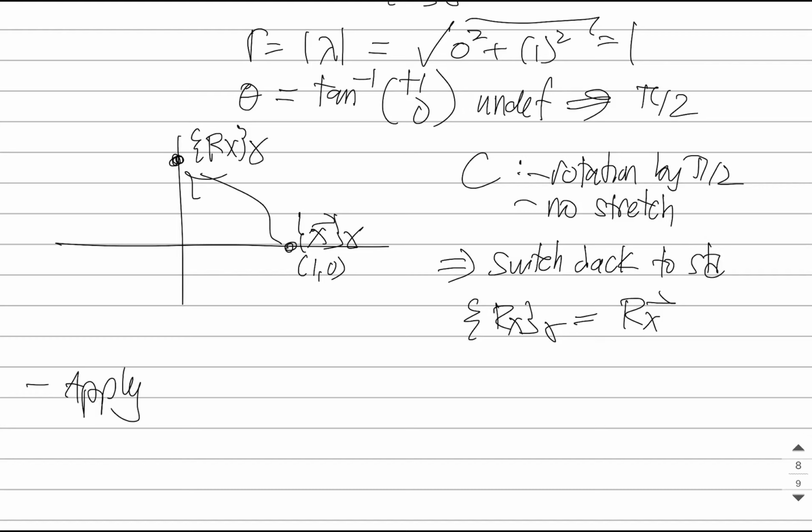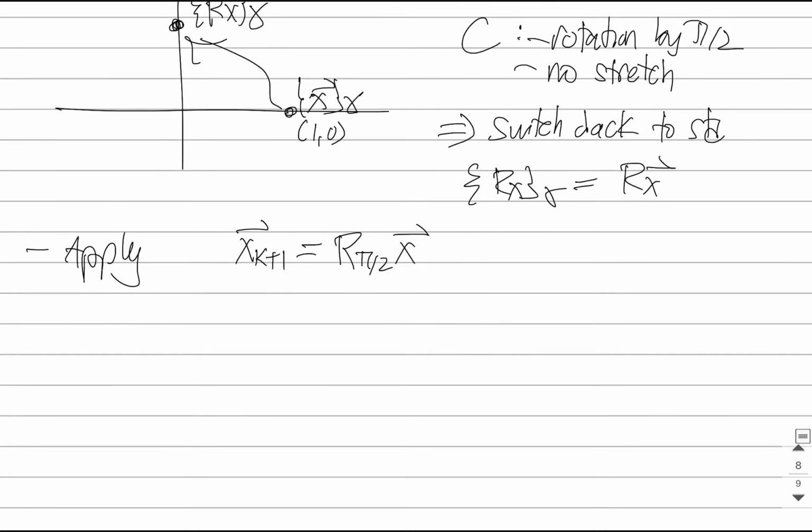So if I were to apply this in the context of a dynamical system, I would find that if I start with some vector here, x naught, it would just end up going by a 90-degree rotation every time I did this.